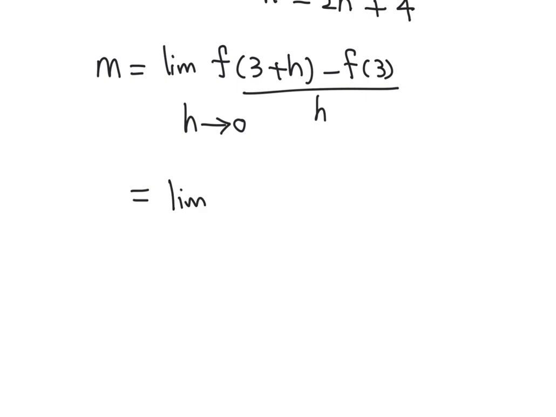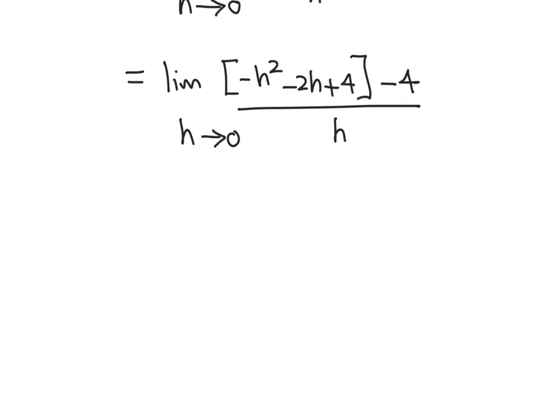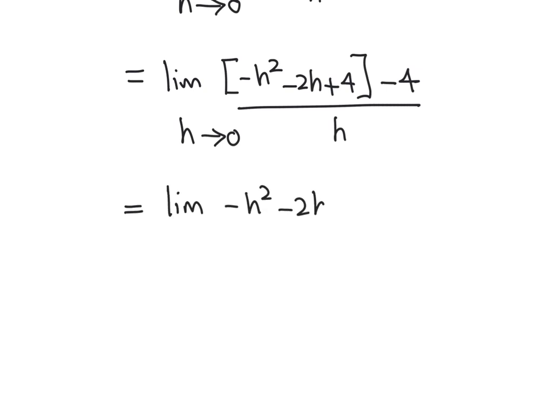So first term is f of 3 plus h, you put it in brackets. So it is minus h squared minus 2h plus 4 minus f of 3, which is 4, over h as h goes to 0. Okay, let's remove the bracket. So it is the limit of minus h squared minus 2h plus 4 minus 4 over h as h goes to 0.